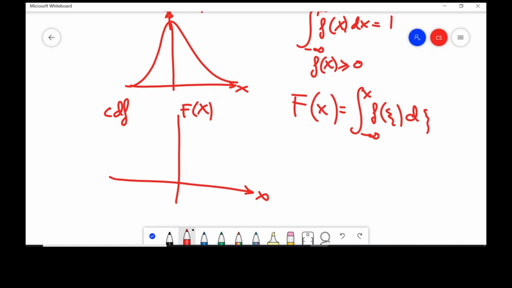So let's interpret that. At a given x, like that one, f of x is this area up to that point, and that is called f of x. So what are some values for f of x?